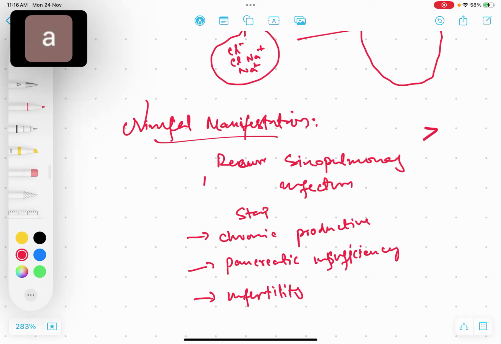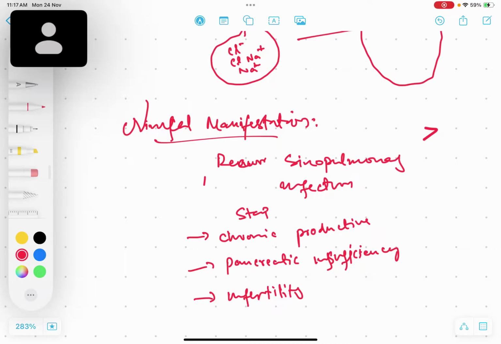Patients will have cachexia. They'll fail to gain weight. Okay, there will be biliary cirrhosis. Sorry. Patients present with pancreatic insufficiency, right? So what do we give in patients with pancreatic insufficiency? Pancreatic enzymes.